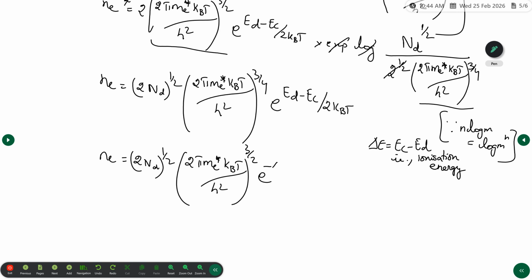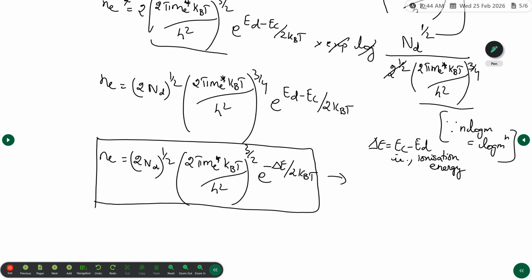So minus delta E by 2 KBT. What is the equation number, student? 5. So this is the final equation.